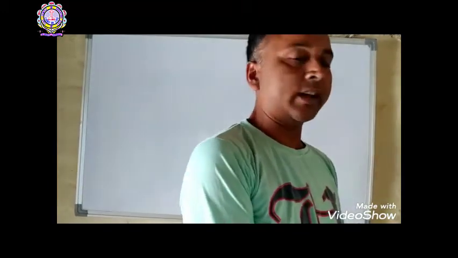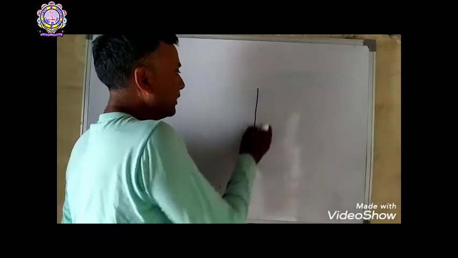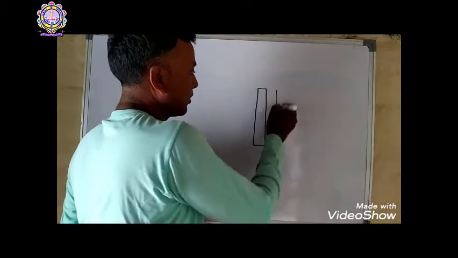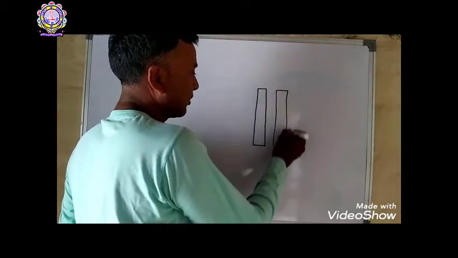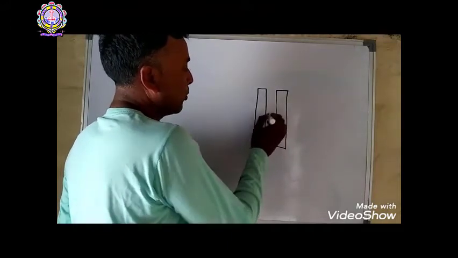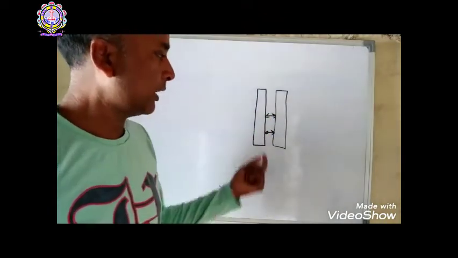So before starting the construction, notice some important points. First, the gaps between two bars, like these vertical lines, should be equal in every bar.